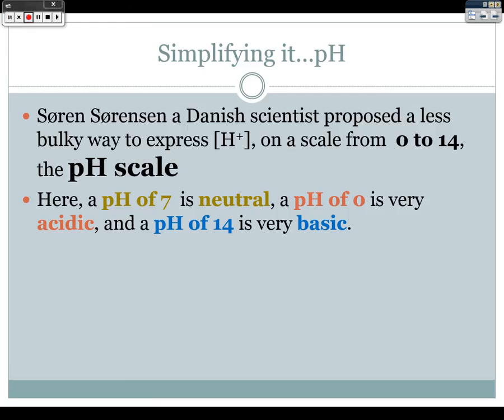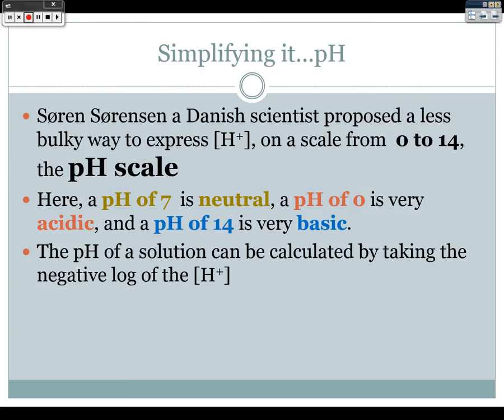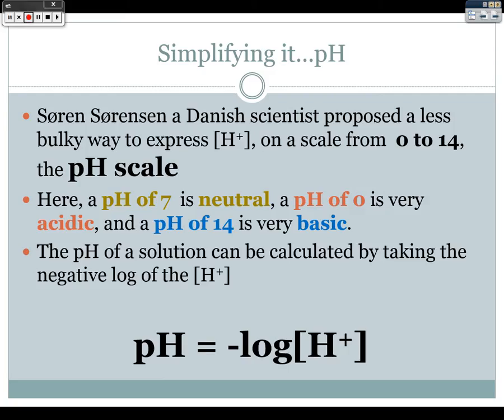Here, a pH of 7 is considered neutral, so that's right smack dab in the middle. A pH of 0 is very acidic, and a pH of 14 is very basic. The pH of a solution can be calculated by taking the negative log of the concentration of H plus ions. So pH is negative log of the hydrogen ion concentration, and that is what's going to get you that number between 0 and 14.